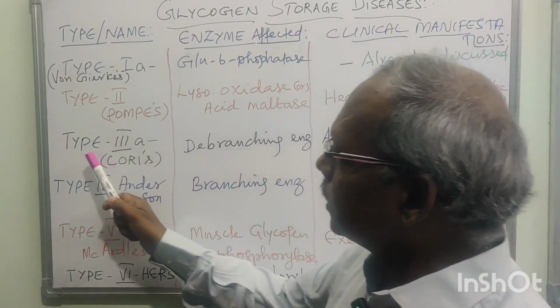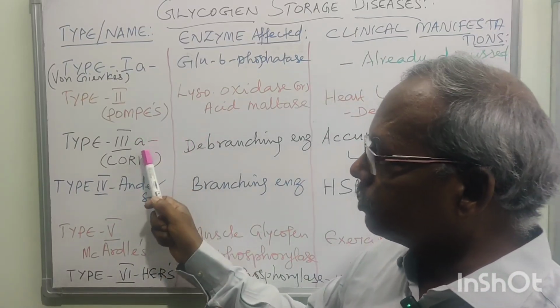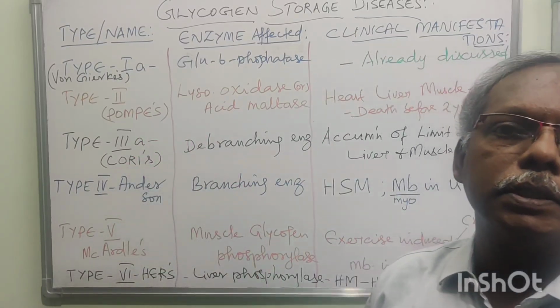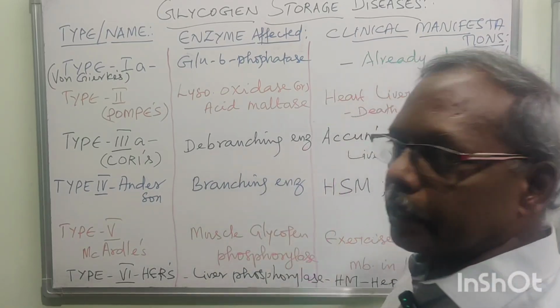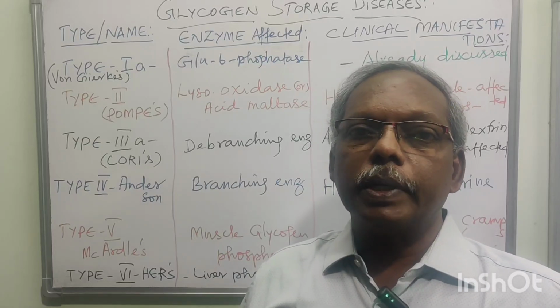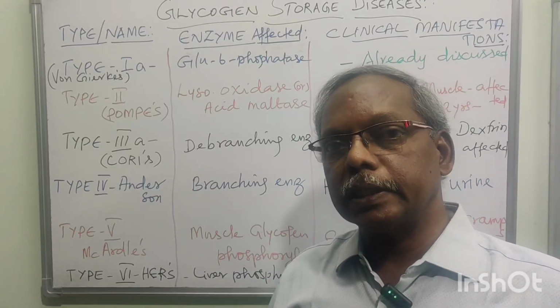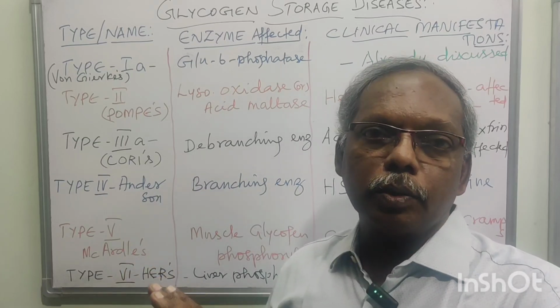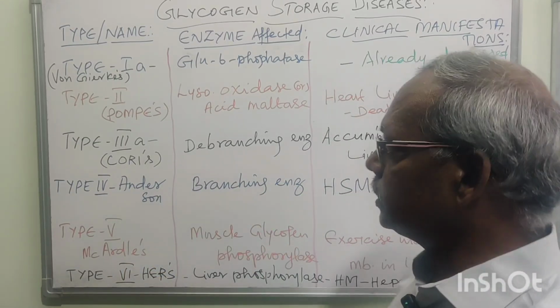Next one is type 3. We have A and B, and the A is important, Cori's disease, C-O-R-I. Here the enzyme is the debranching enzyme. During glycogen metabolism we have 2 important enzymes: the branching enzyme in glycogenesis and the debranching enzyme in glycogenolysis. Both produce some diseases.